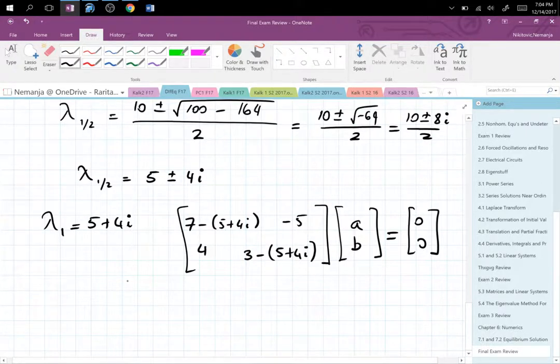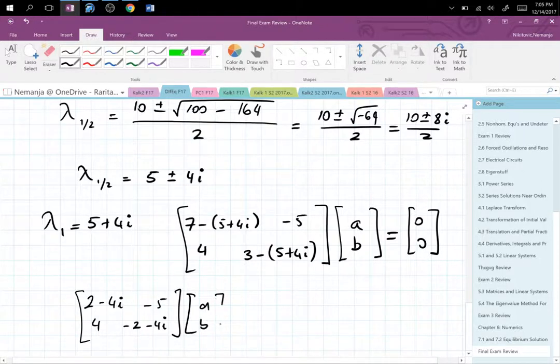So 7 minus 5 is 2 minus 4i, and then minus 5, and then 4, and then negative 2 minus 4i, times a, b, equal to 0, 0, right?